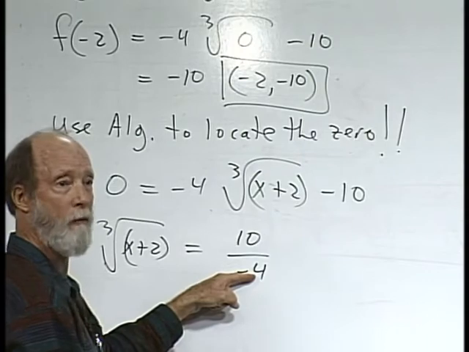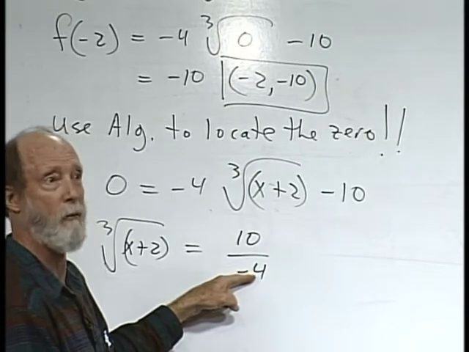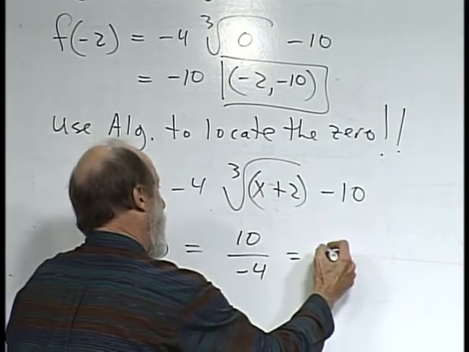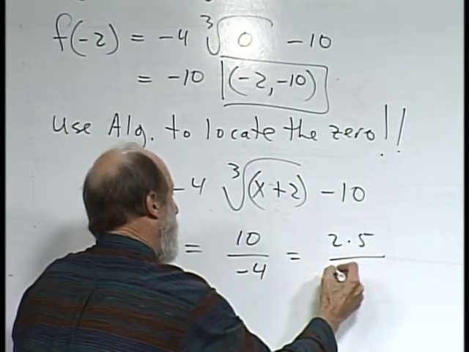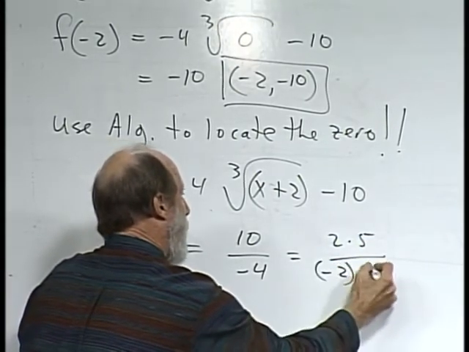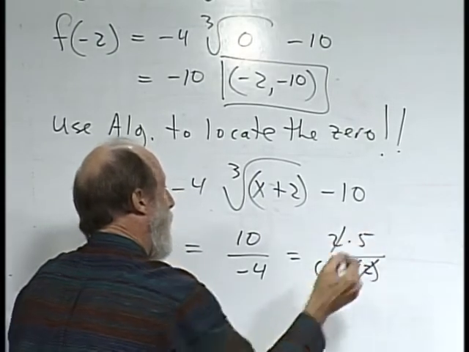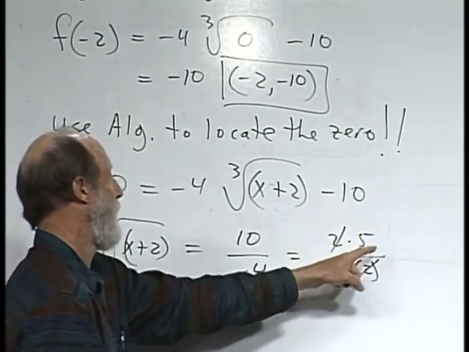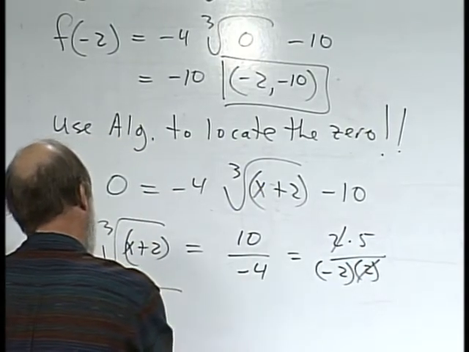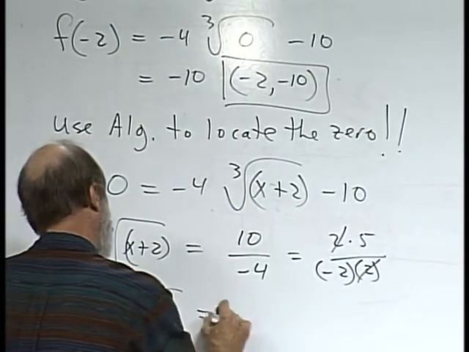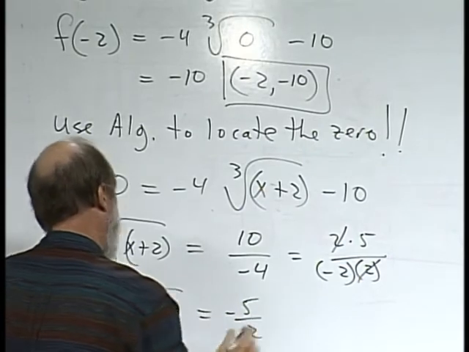No, we always reduce fractions if possible. So we reduce this fraction to the common factor, 2 times 5, and a -2 times a +2, and we lose the +2 factors, and we end up with -5 halves. So we have the cube root of x plus 2 is equal to -5 halves.